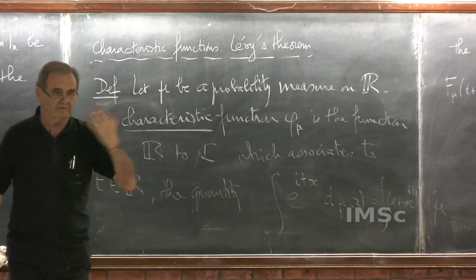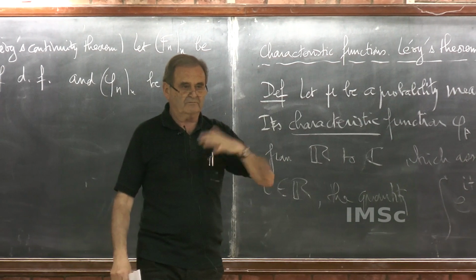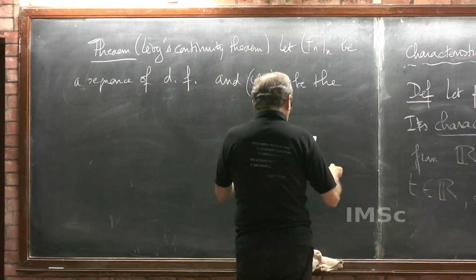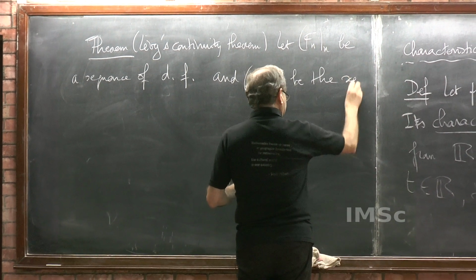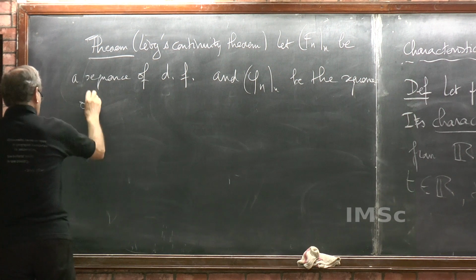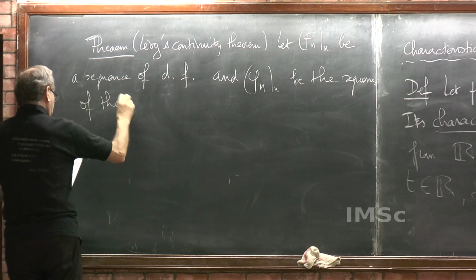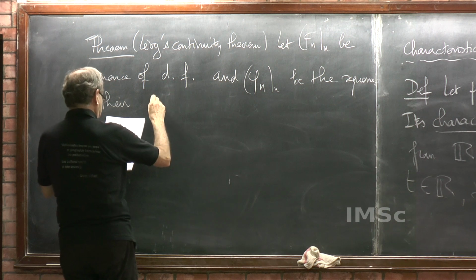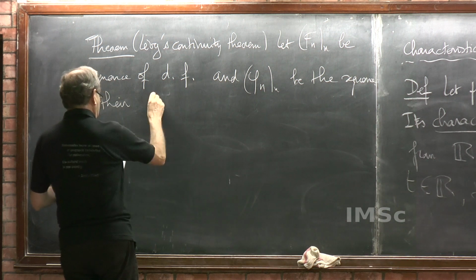It is the same thing to have a distribution function or a probability measure. So phi n is the sequence of their characteristic functions.